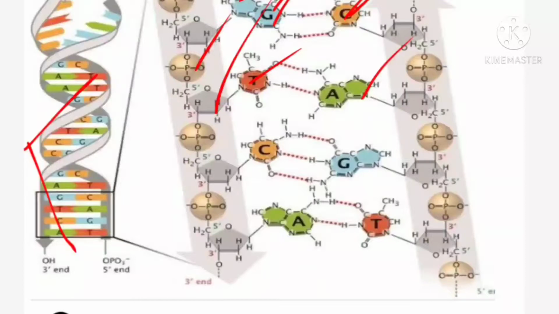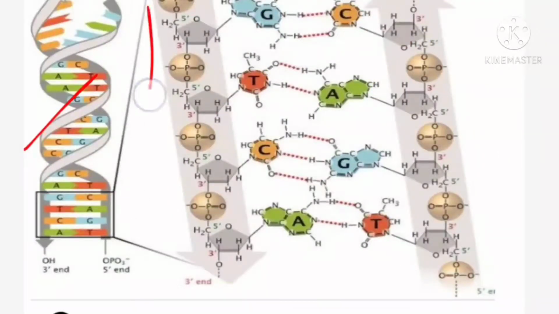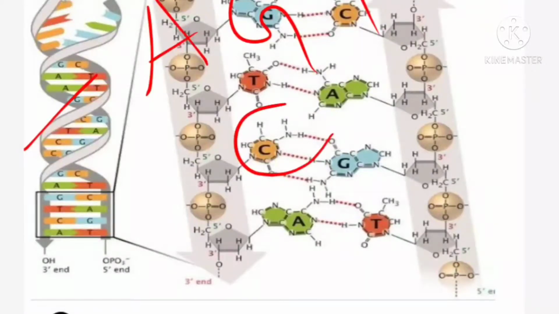Now you know what is the nitrogenous base. So what is a nitrogenous base? Adenine, guanine, thymine, cytosine. We call them nitrogenous bases, isn't it? Now when a nitrogenous base like adenine pairs with sugar, what does it form? It forms a nucleoside. When it pairs along with phosphate, three together, we call it a nucleotide.